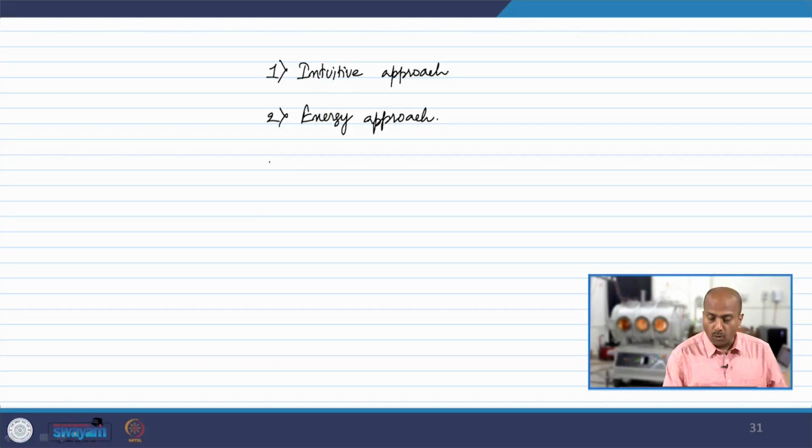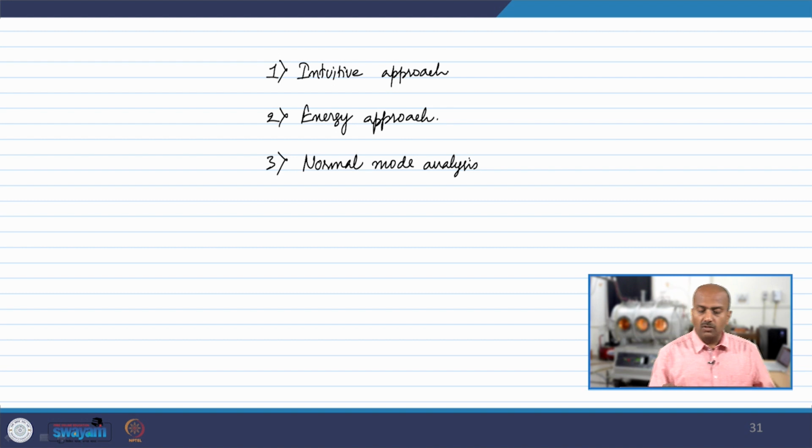Normal mode analysis. So, the third method for probing the stability of plasma is called the normal mode analysis. You see, in the energy approach, if the change is negative, that means the initial potential energy is smaller than the final potential energy, right.